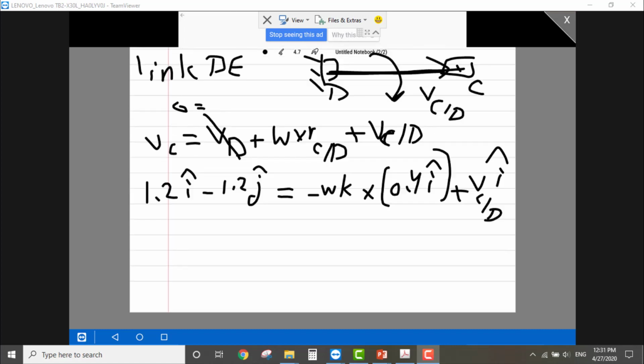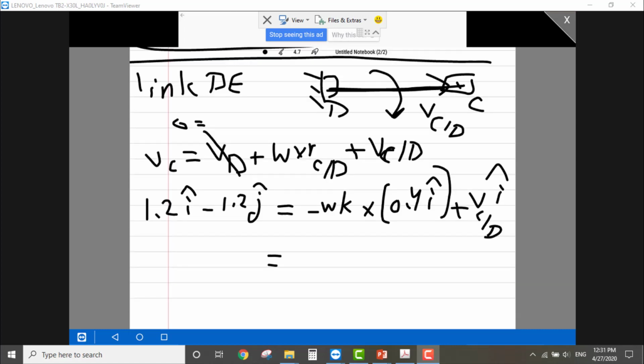Now let's do the cross product. K cross product I is J, so we have minus 0.4 omega J direction plus VC with respect to D in the I direction.